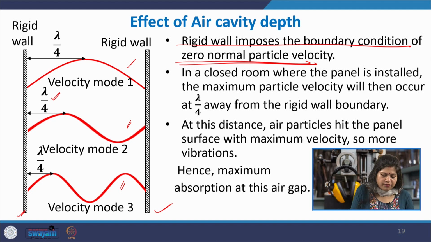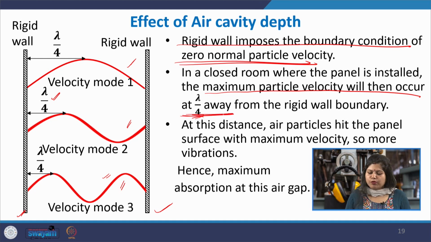Even with this kind of mode or wave front, the nearest distance from the rigid wall where we get the maximum acoustic velocity is lambda by 4. So, the maximum particle velocity will always occur at a distance of lambda by 4 away from the rigid wall boundary condition.